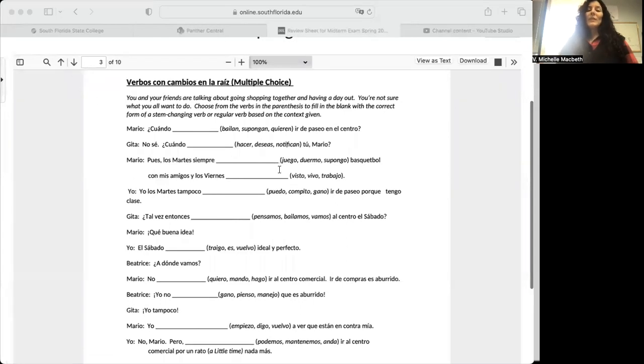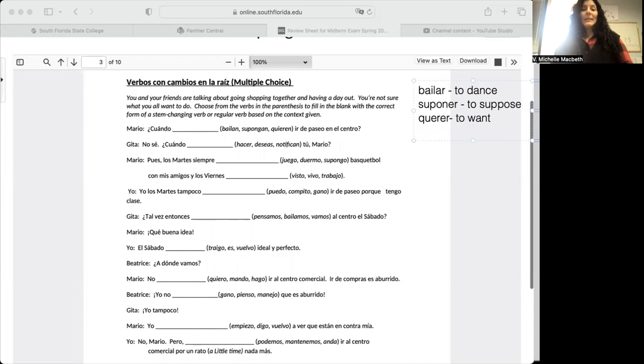Let's write out what the infinitives mean that I can see, right? So I have bailar. So if I look that up, what does it mean? To dance. Suponer. If I look that one up, what does it mean? To suppose. Querer, what does that one mean? To want. Hacer, to do or make.